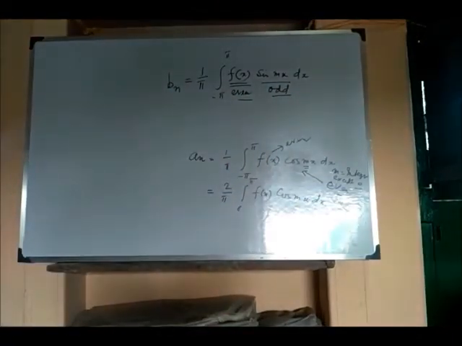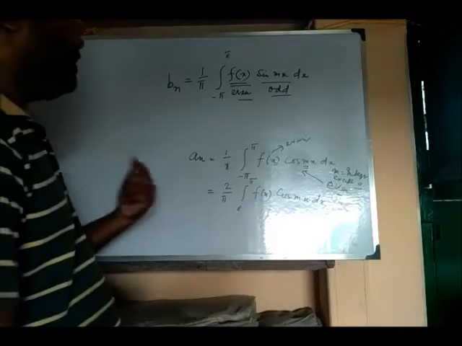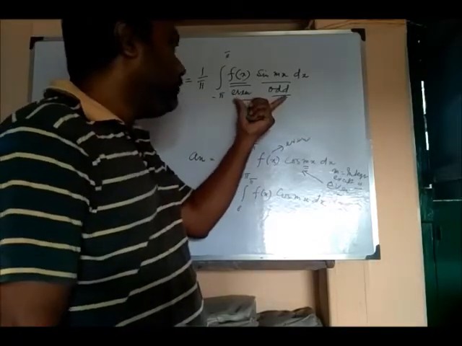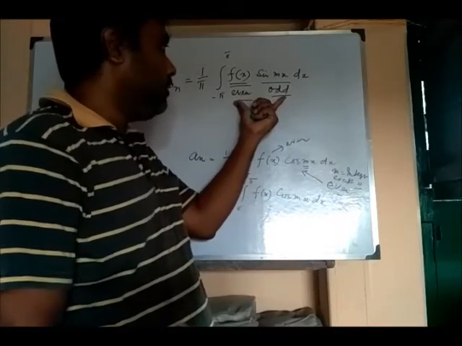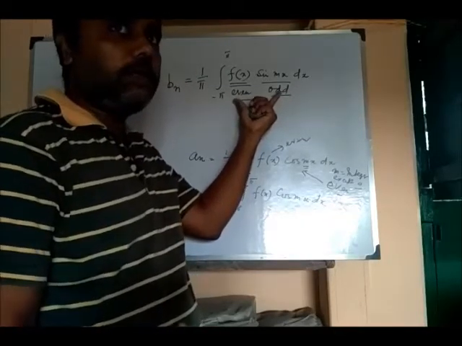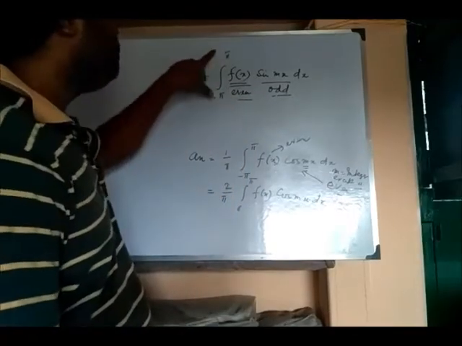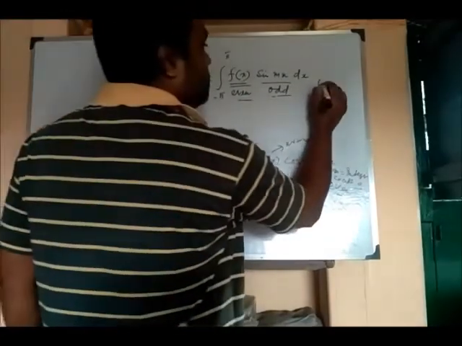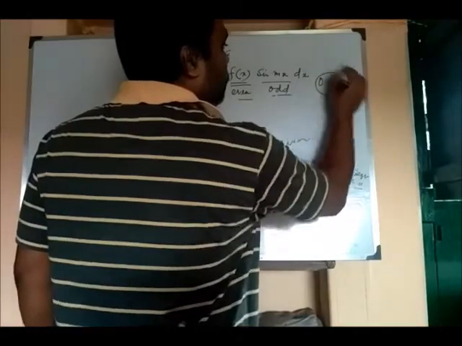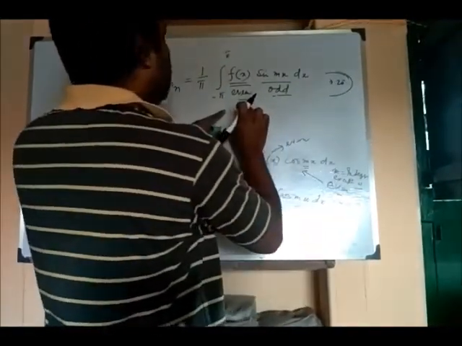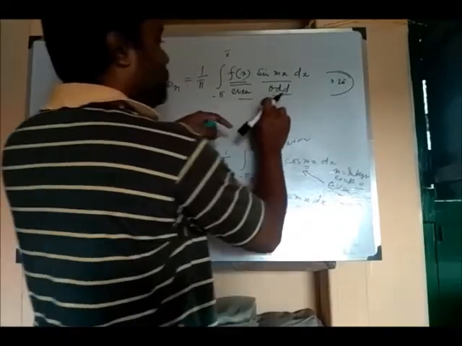So you are choosing a combination where you multiply an even function and an odd function, and you are going to take the integration of these two functions within a closed boundary range of 0 to twice pi. So within this range, twice pi range, you are going to integrate the combination of this odd and even function.